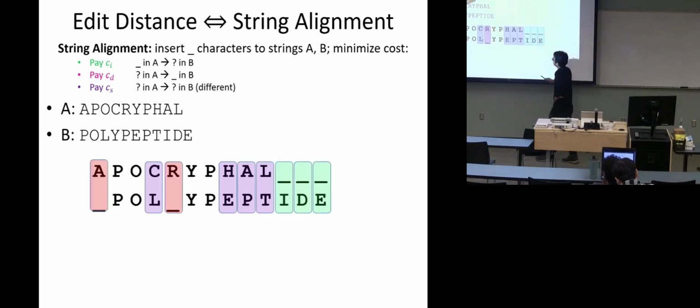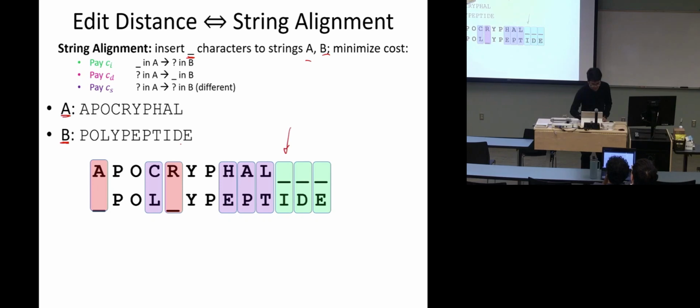Suppose that you have two words, A and B. This is word A and this is word B. Now you basically want to align each character so that they look as similar as possible. How do we align this? It just means that you need to insert blank characters into strings A and B to minimize the cost.